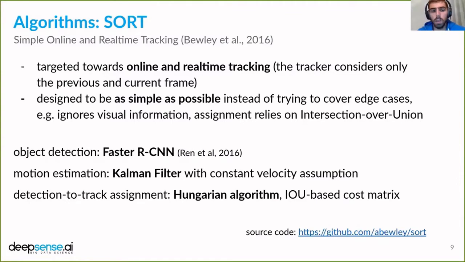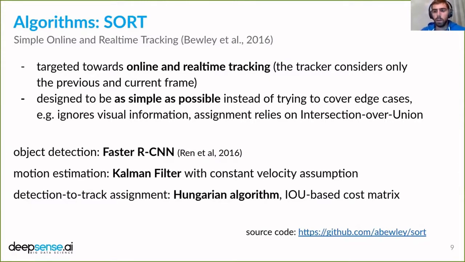It ignored, for example, visual information from inside the bounding boxes. And the detection to track assignment relied completely on the intersection over union of bounding boxes. For object detection in the original paper, they were using the Faster RCNN architecture. Maybe it's not the point of this presentation, so I will not go into much detail about Faster RCNN.